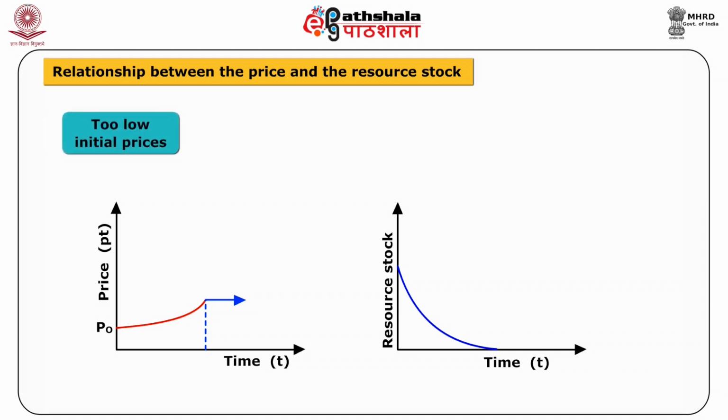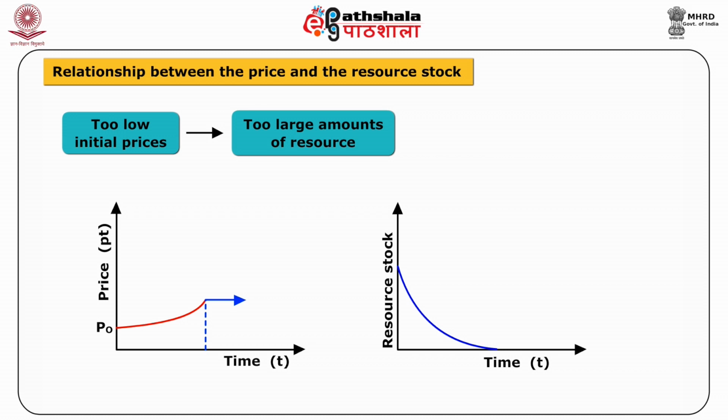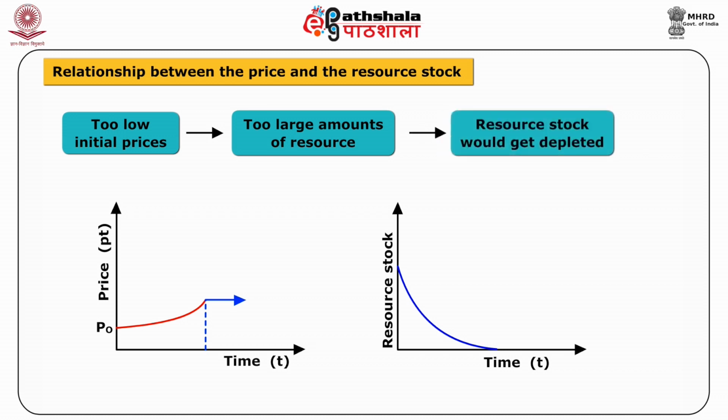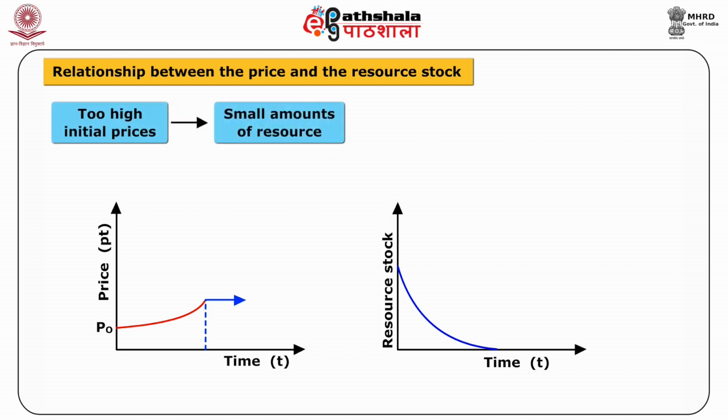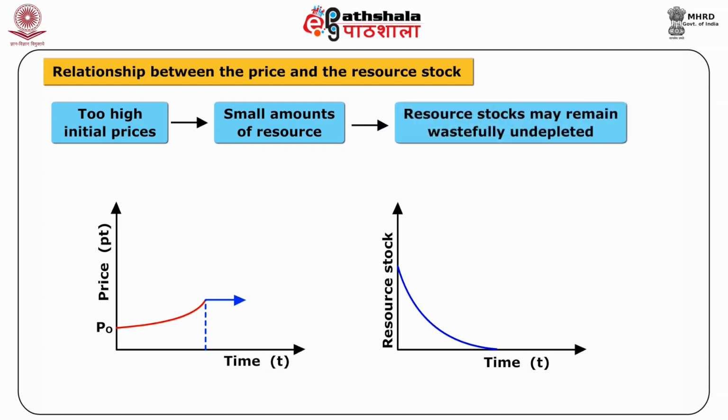Too low initial prices would lead to too large amounts of resource use in each period, and all the resource stock would get depleted before the end of the planning horizon. Conversely, if the initial price is too high, then each period may record too small an amount of resource use and some stock may remain wastefully undepleted by the end of the planning horizon.